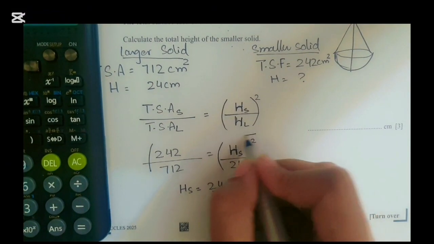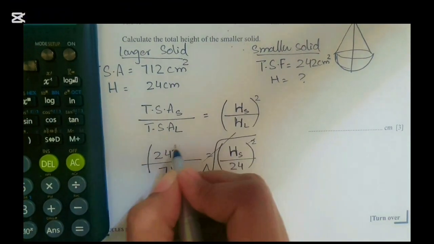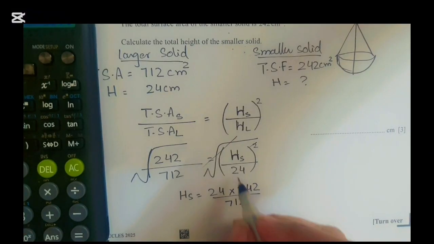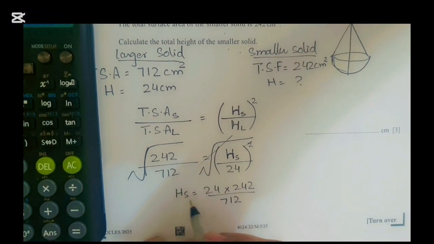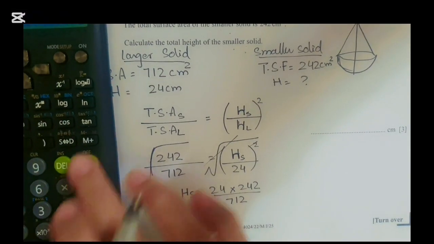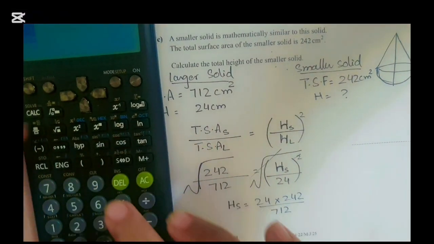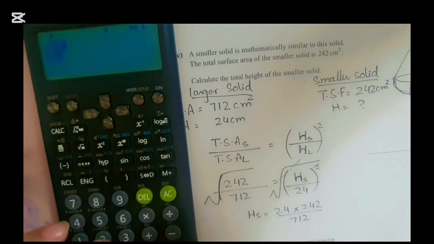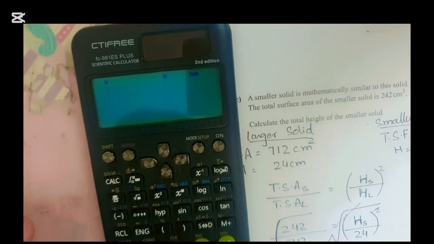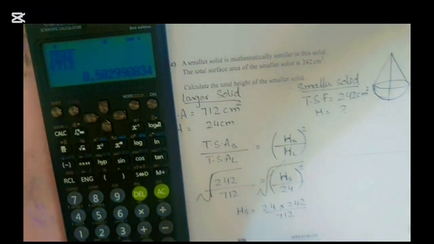To cancel this square I'm using square root on both sides. So Hs equals 24 times the square root of 242 over 712. First of all, find the square root of both of them.